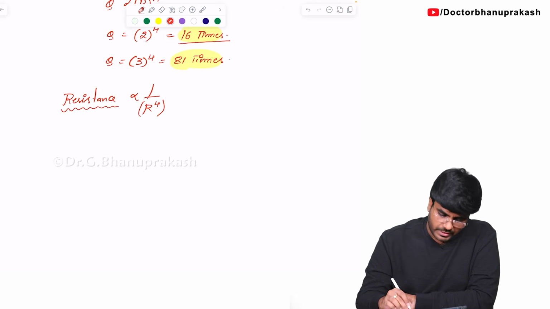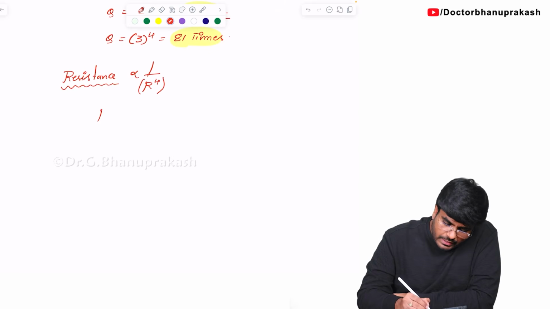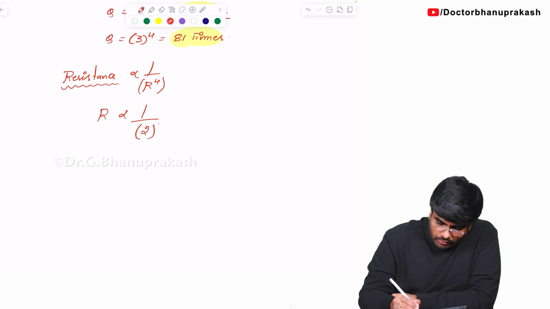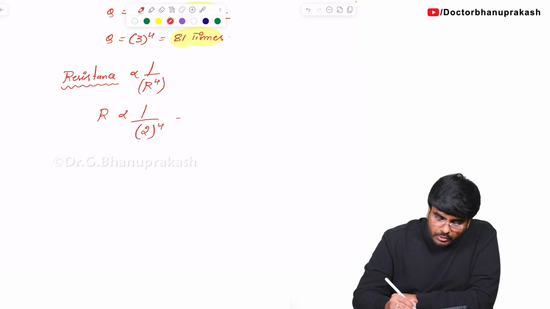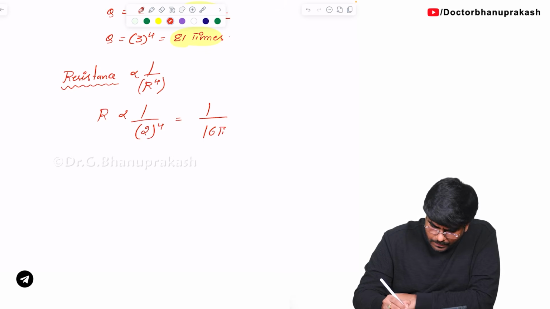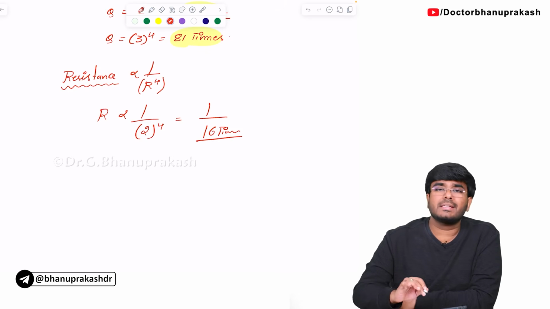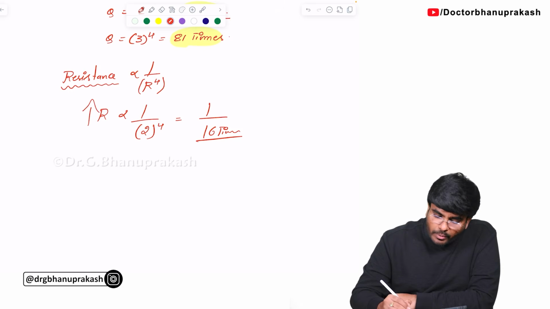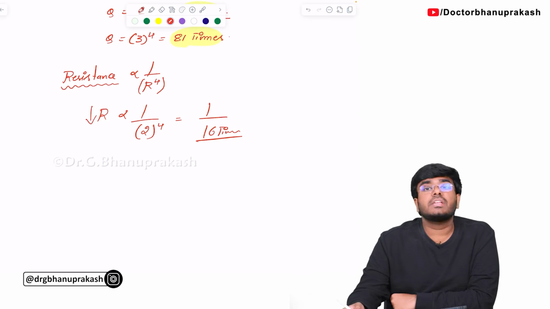Both are opposite. So resistance inside a blood vessel is inversely proportional to the radius to the power of 4, which means in our case, I have doubled the radius. Double the radius means 16 times. It's not 1 by 16 times, guys, it is inversely proportional. So resistance is going to decrease by 16 times.